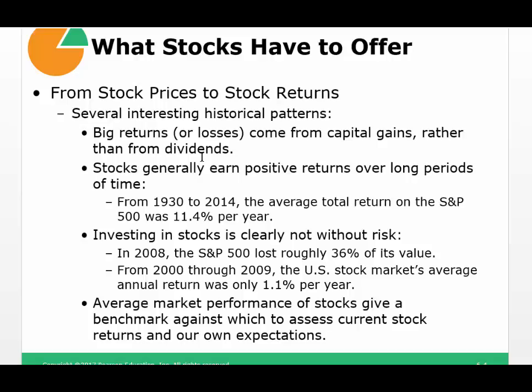From 1930 to 2014, the average rate of return in the S&P 500 was 11.4%. In 2008, it actually lost 36% in 1 year. From 2000 to 2009, there was only an average rate of return of about 1.1%. So for the last decade or so, the markets have been very volatile and the growth has been rather slow.